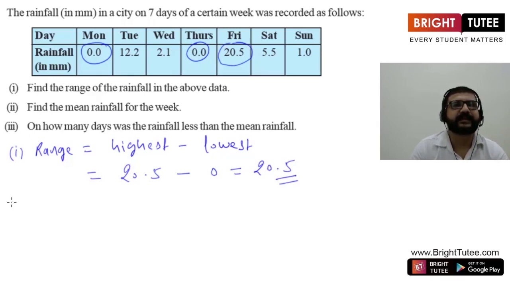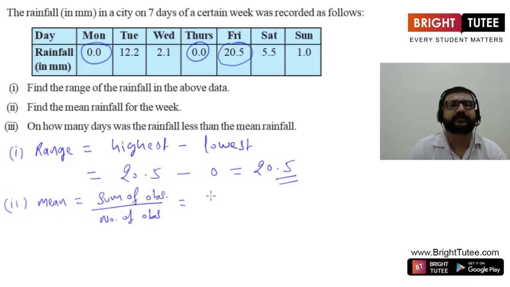And then we have to find the mean of the data, or the mean rainfall for the week. Now as we know, mean is equal to the sum of observations divided by the number of observations.